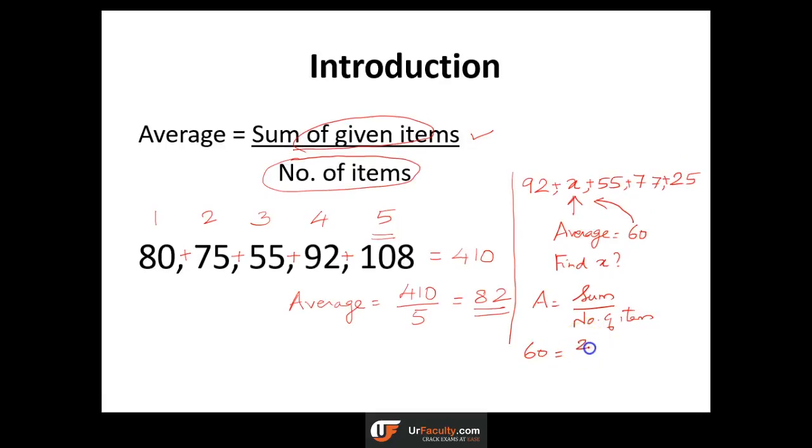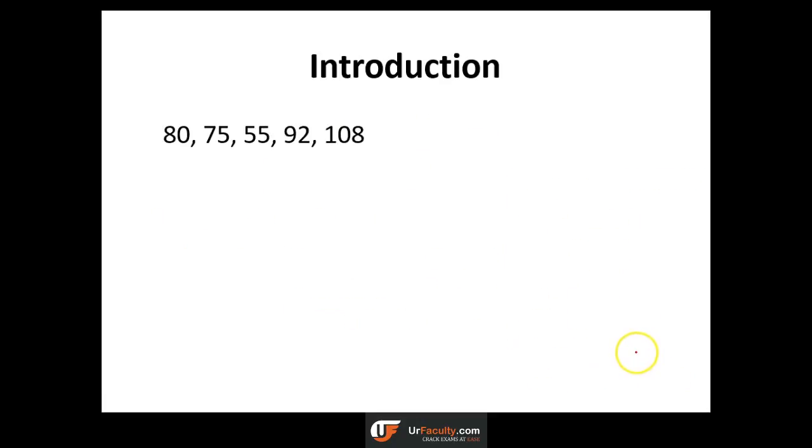It's basically 249 plus x divided by 5, and you just need to do the cross multiplication. 60 into 5 is equal to 300, minus 249, which gives you 51. Isn't it easy?